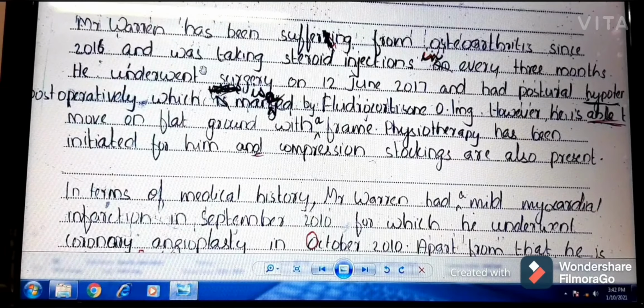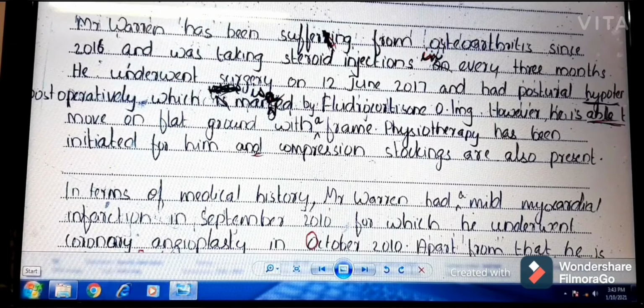Okay, let's continue. Mr. Warren has been suffering from osteoarthritis since 2016 and was taking steroid injections every 3 months. Mr. Warren has been suffering. That is a good usage there. The tense form is present perfect continuous.